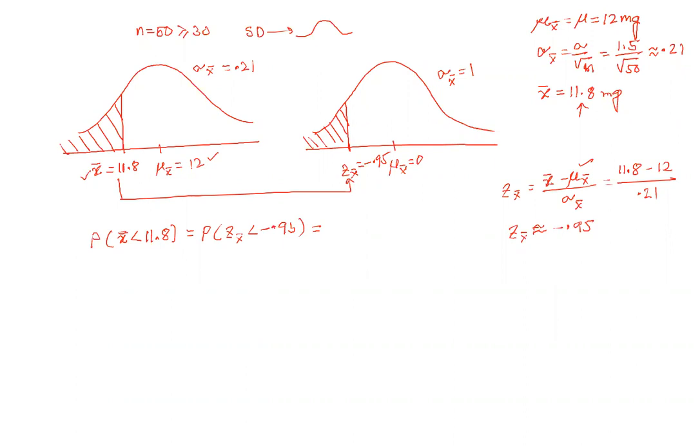Now, if you look it up, who is it? Let me find the person. Jacob. Jacob, are you there? Yes, I am. So now you tell me, this one, do we need to subtract it from 1 or no? 11.8, correct?